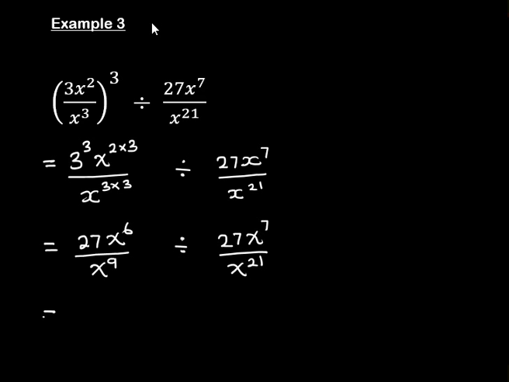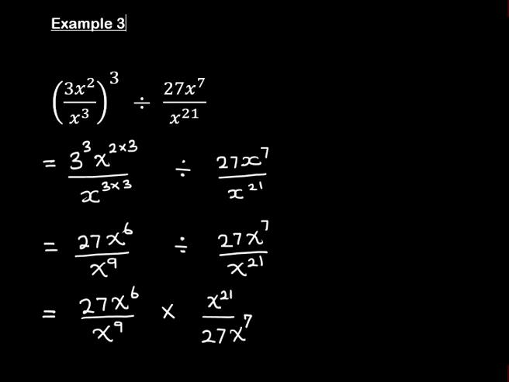Now we can say that we have got 27 x to the power of 6 divided by x to the power of 9 times, now we can make the reciprocal. We get x to the power of 21 out of 27 to the power of 7.